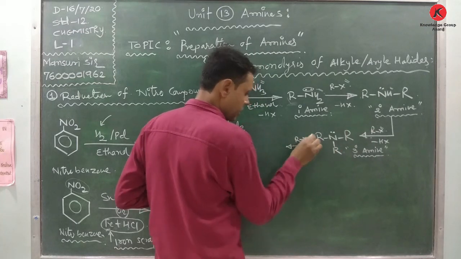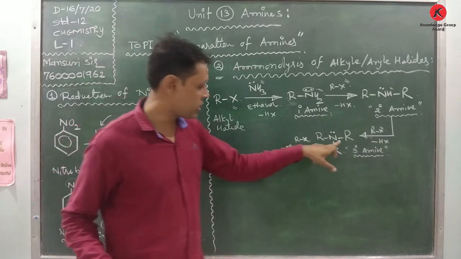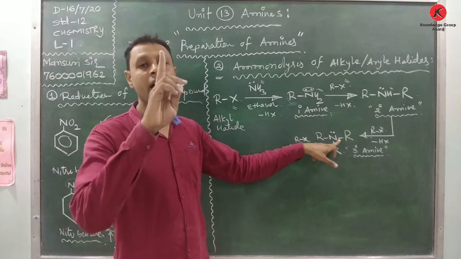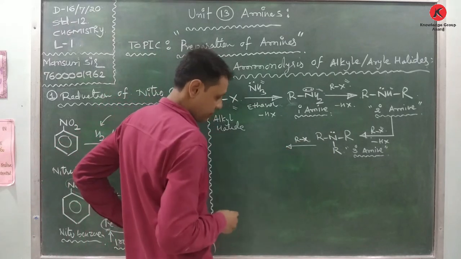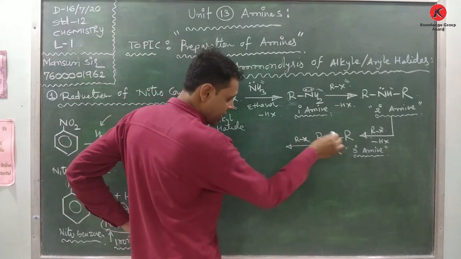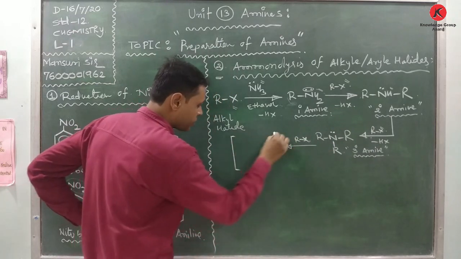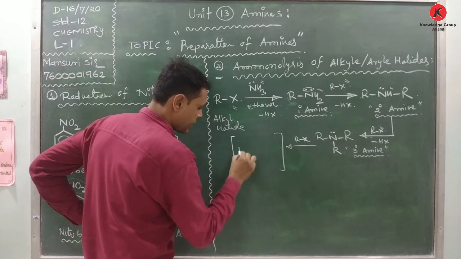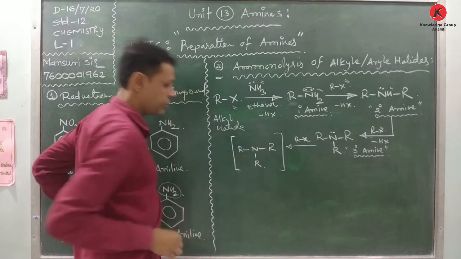RX. Reaction should not be done because nitrogen does not have hydrogen. But here what will happen? Now N and X will form this type of structure. Here is your tertiary amine, right?